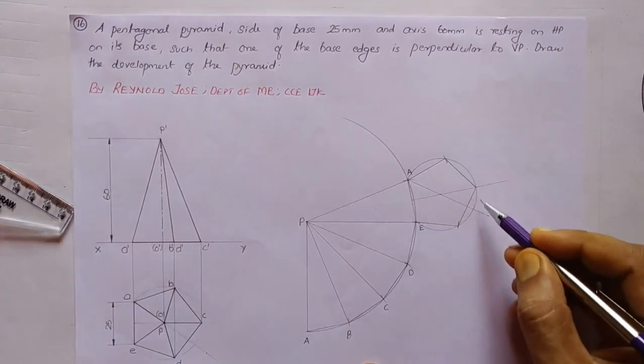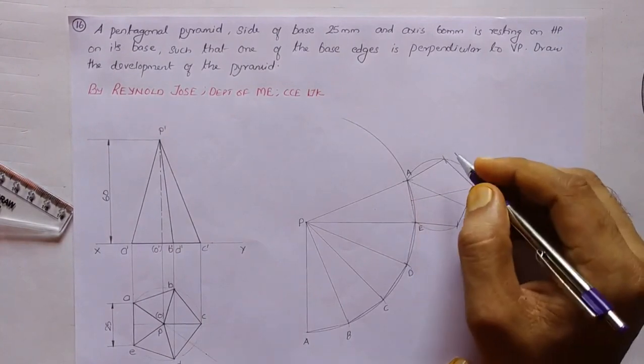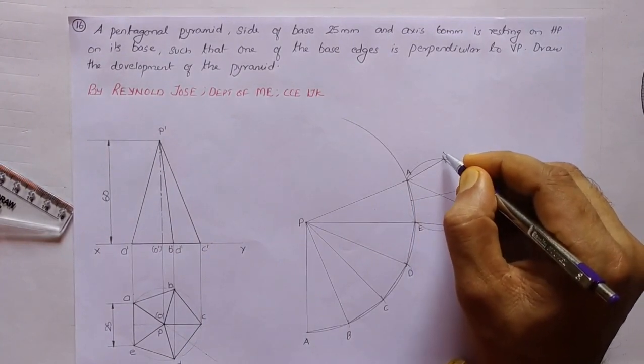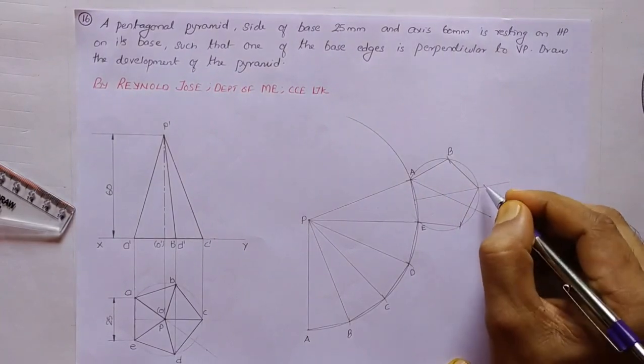Now we shall name the base shape. So here this point is A, this point will be B, likewise this will be C and D.